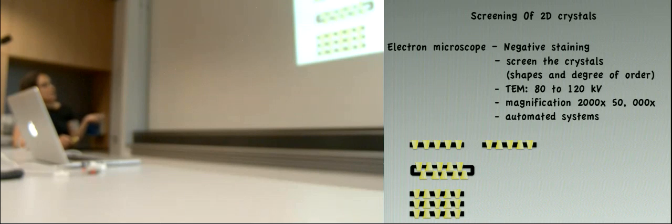Some laboratories have automated systems, so you can load several grids at a time, and the program will automatically pick where your crystals are. Then you will see either single layer crystals, tubes, or multi-layer crystals.